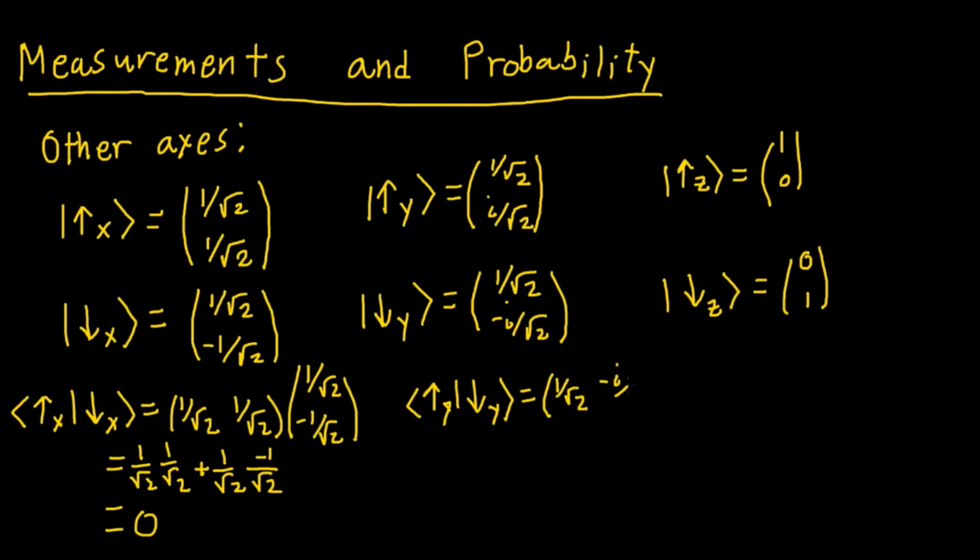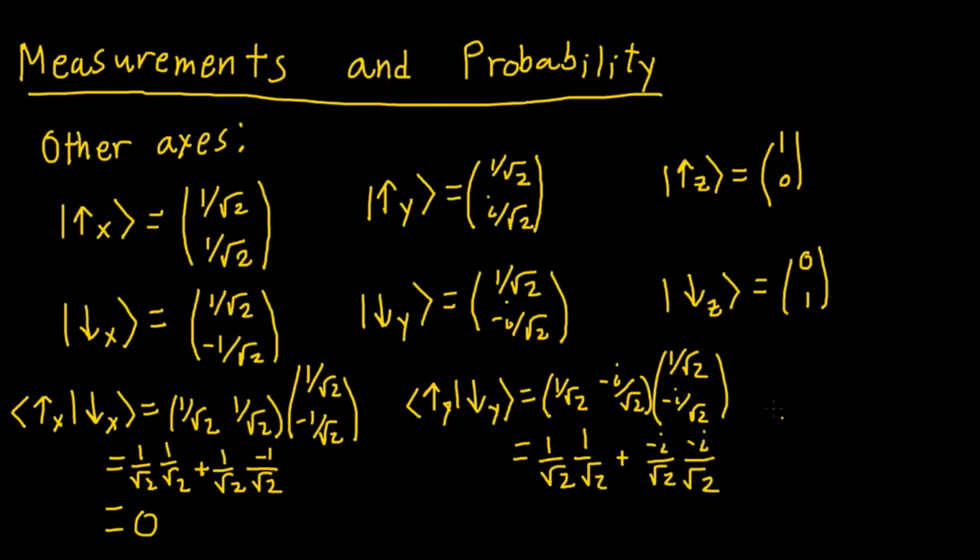So the i becomes a negative i, and now putting in the spin down vector here, we see that we have another negative i from that, and that's equal to this, and negative i times negative i, well, that's just the same as i times i, which is equal to negative 1. So here we have 1/2 minus 1/2, which is also equal to 0.